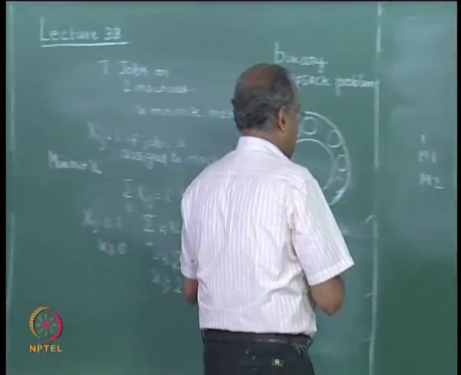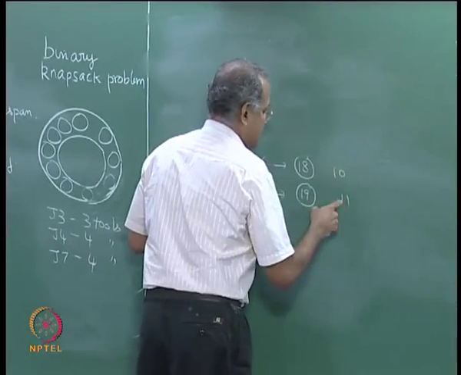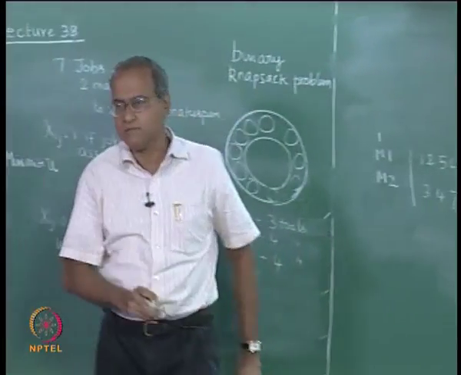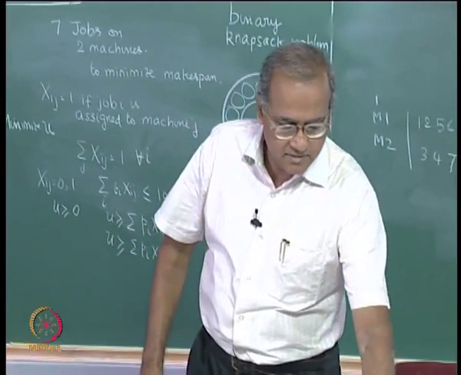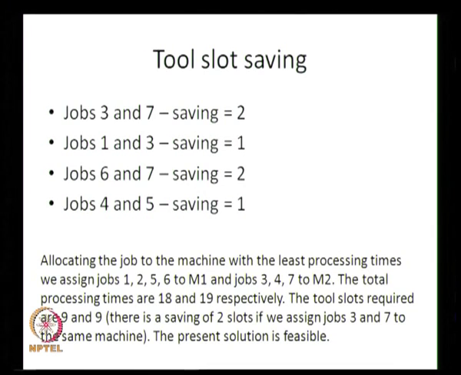Now, this requires 10 tool slots, this requires 11 tool slots to begin with. Let us also write these: 3 and 7, I can save 2; 1 and 3, I can save 1; 6 and 7, I can save 2; 4 and 5, I can save 1.